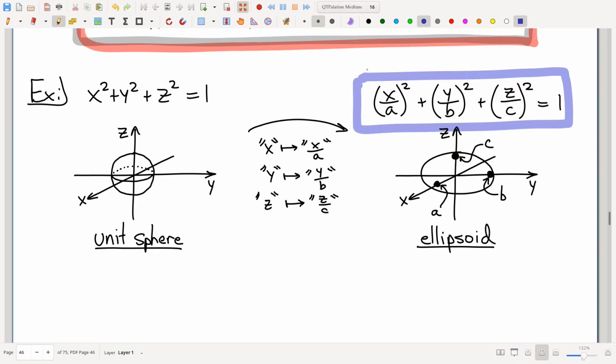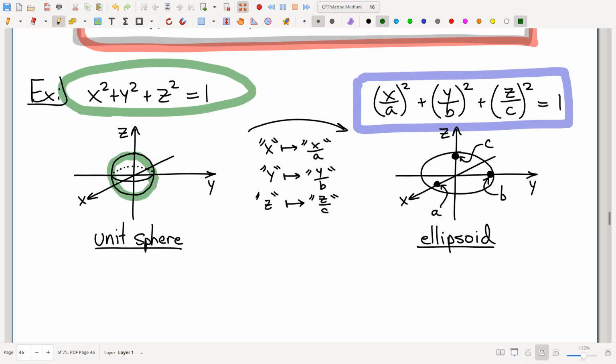So what I do is I think back to this, which I know what that looks like. That's easy. And then I ask, okay, what did I do here? What were the algebraic moves? Well, I replaced x with x over a. Algebraically, that's what I did.